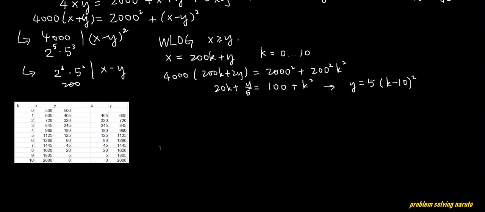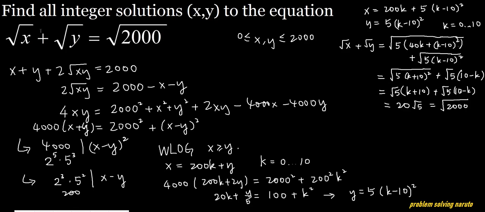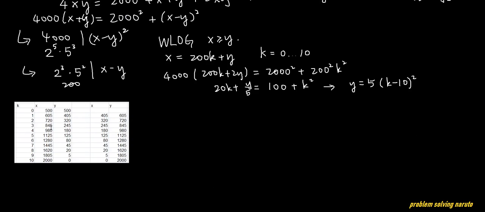If you look at the solutions, you can see that all of them are divisible by 5, and none of them are squares. That is because, as we verified here, each value of x or y is a square times 5. For example, 405 is 81 times 5, and 605 is 121 times 5.